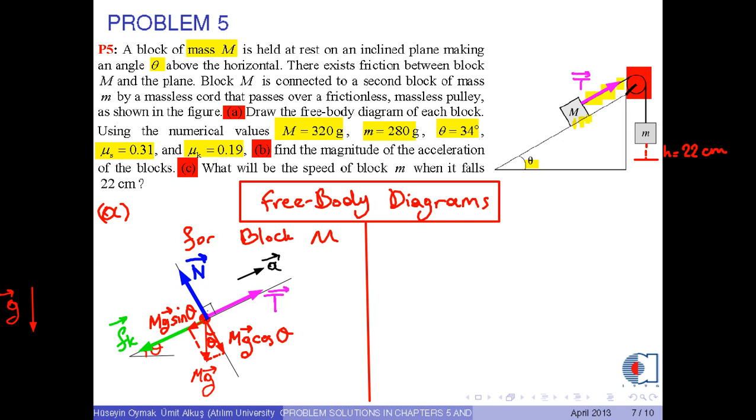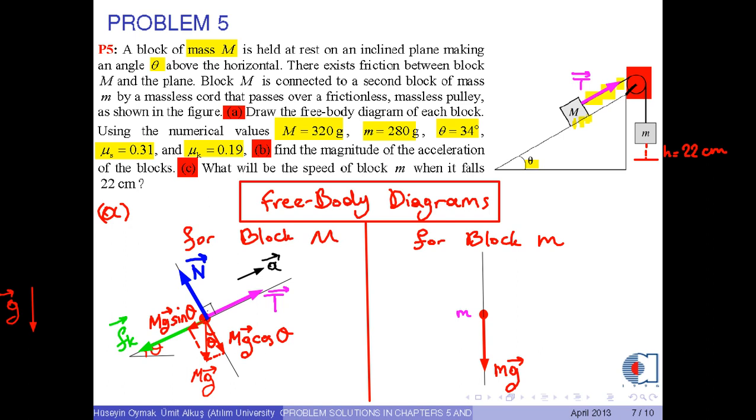Now we are to draw the free body diagram of mass small m. The gravitational force on the object is a downward force as indicated here. Its magnitude is small m times g.